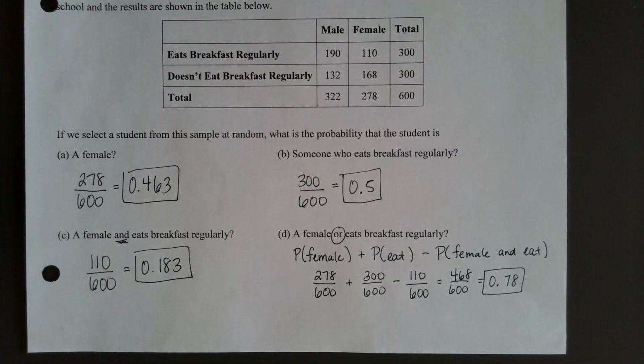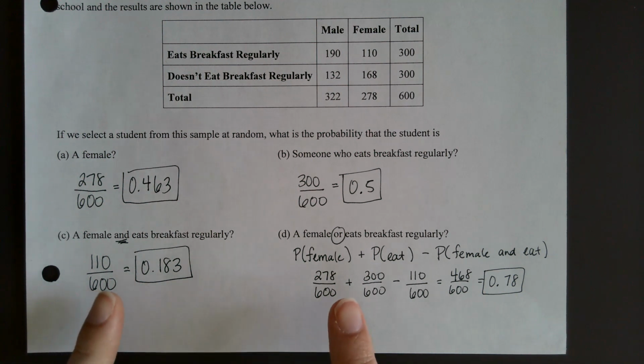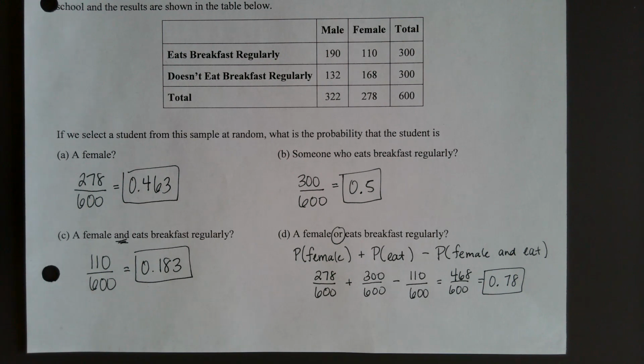So the biggest takeaway from this entire activity or entire notes is this: "and" versus "or." When we're looking at "and," we're looking at the events occurring together. When we're looking at "or," we're looking at either occurring. So either being a female or eating breakfast, and then making sure that they're mutually exclusive or not.